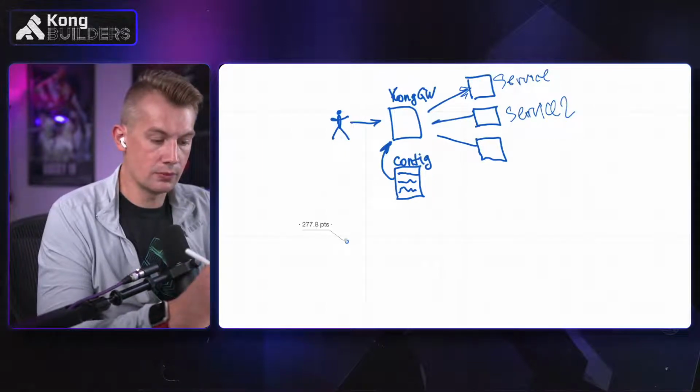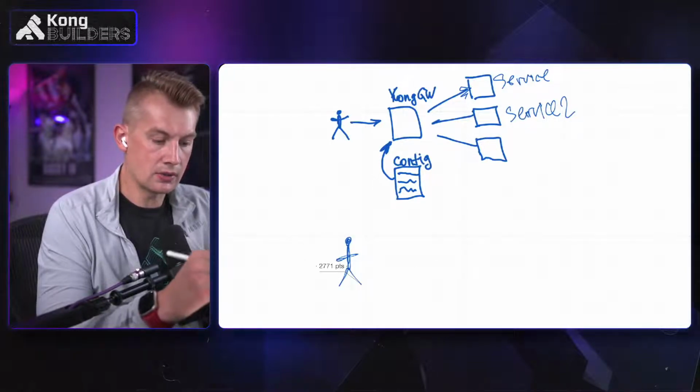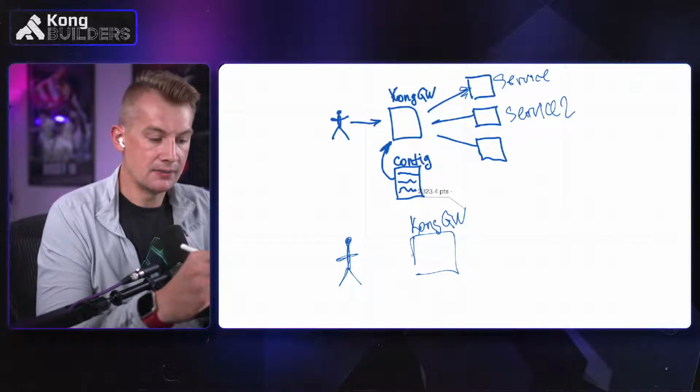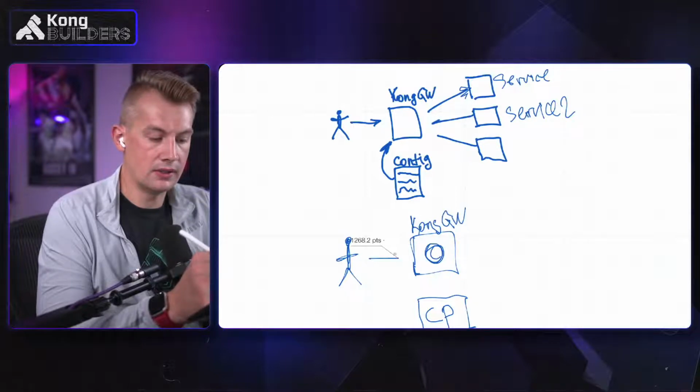So there's another option that exists to separate our concerns. Our Kong gateway is here, but the configuration part is handled by a so-called control plane. So this thing will only be responsible for handling user traffic, calling some APIs.